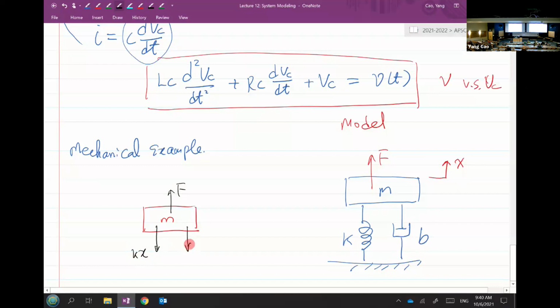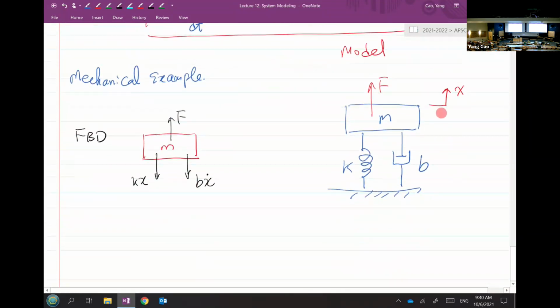And you also have a restoring force coming from the damper. The quantity of that, according to the formula for the damper, is B times X dot. And that's it. That's all the external force you can add to this free body diagram.